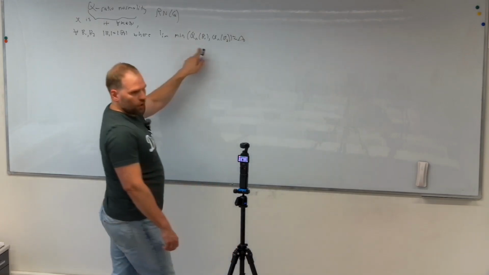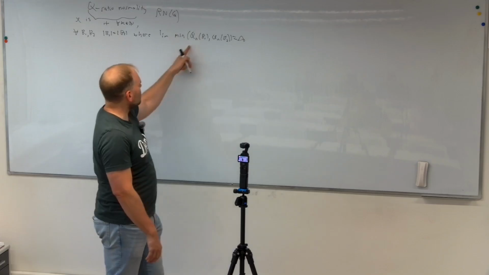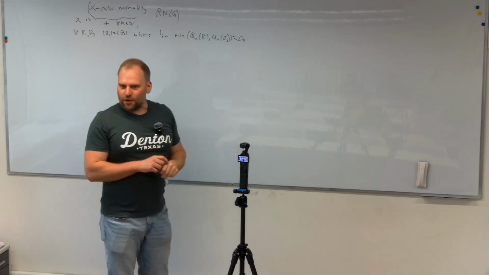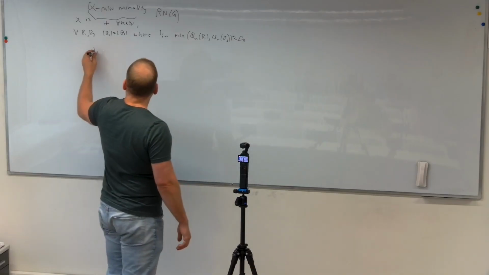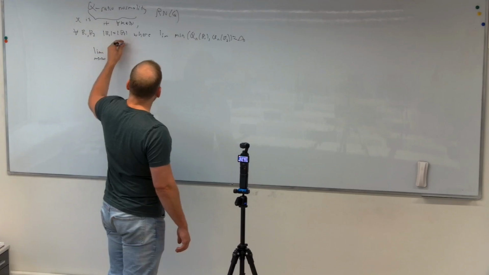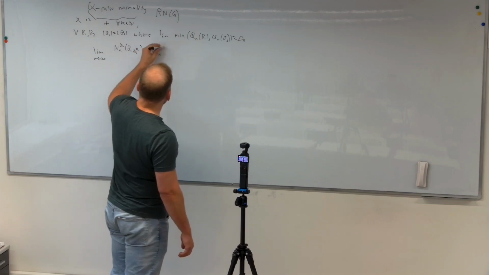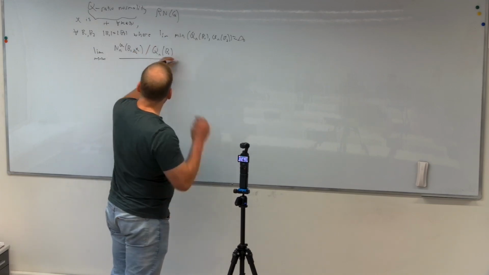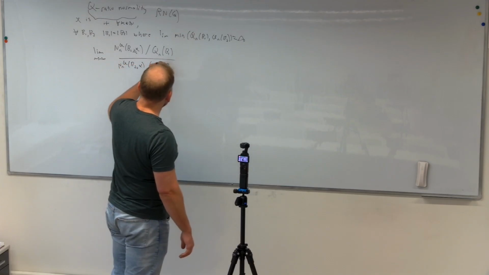So remember, we're quantifying over only blocks that have an infinite expectation. Remember, this was our expected value that we defined to say which blocks we're quantifying over. We have the limit as n goes to infinity of N_n^Q of B1 in X divided by Qn of B1, divided by N_n^Q of B2 in X divided by Qn of B2.